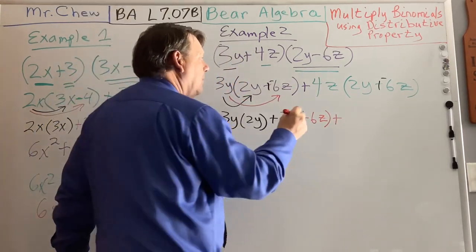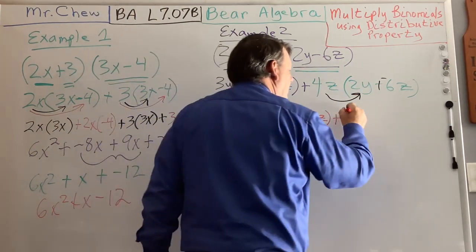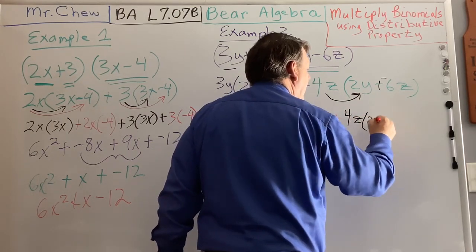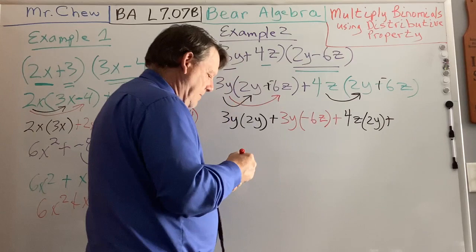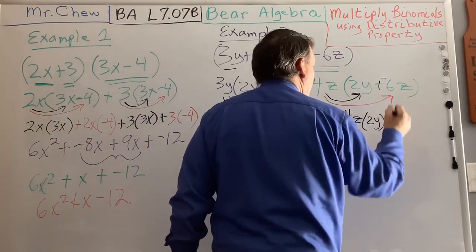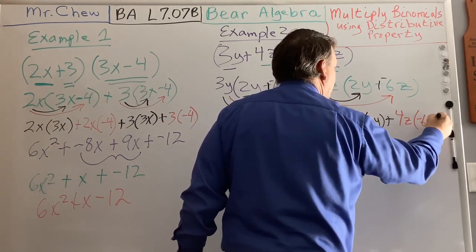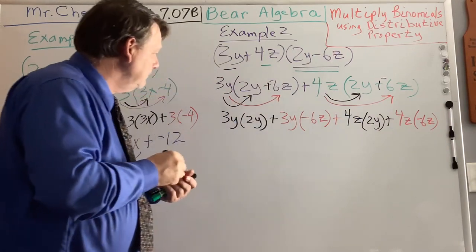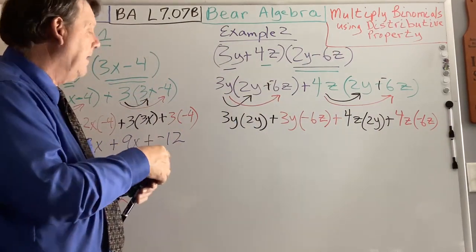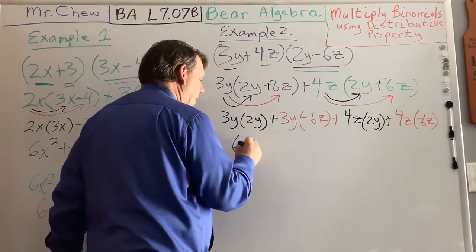Now on the right side, you're going to do 4z times 2y plus 4z times negative 6z. All right. Now, 3 times 2 is 6. y times y is y squared.